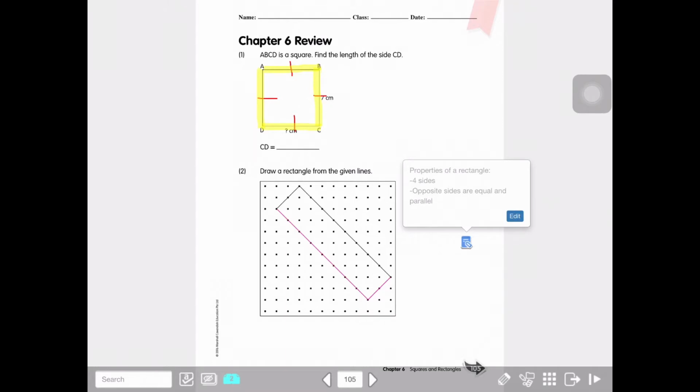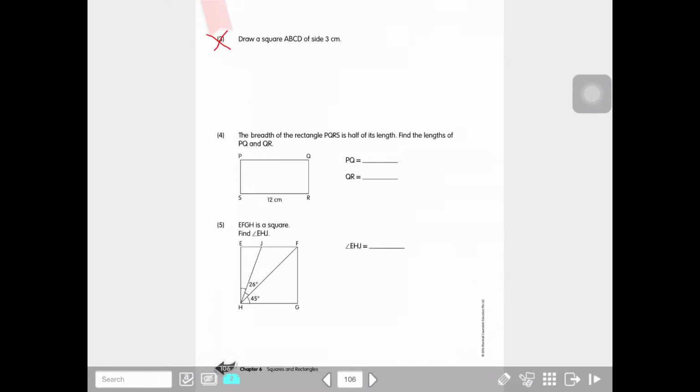Now let's go to page 106, question 4. We look at the breadth of the rectangle. And this is the breadth of the rectangle in yellow.